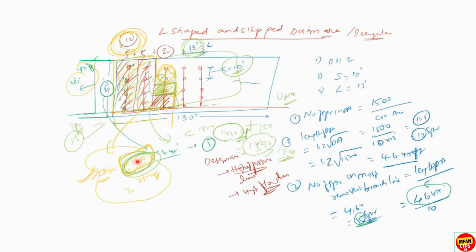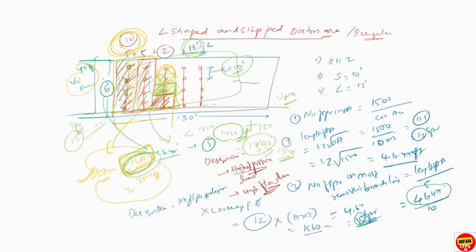The design area formula you already know, just for reference I'm telling you again. Design area formula will be number of sprinklers in design area times coverage area of sprinkler. Number of sprinklers in design area is 12 in our scenario, and coverage area of sprinkler is S times L. So you get 1560 square feet.